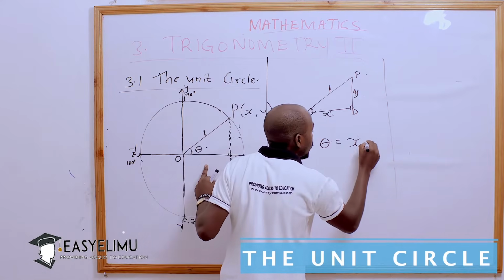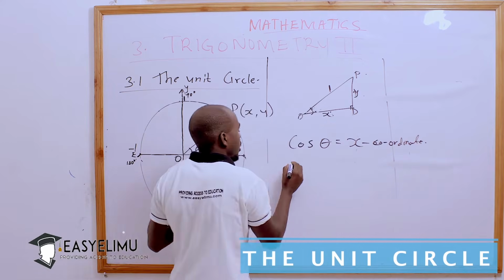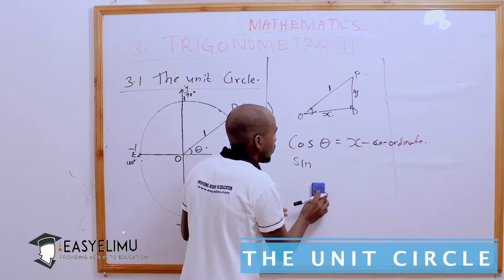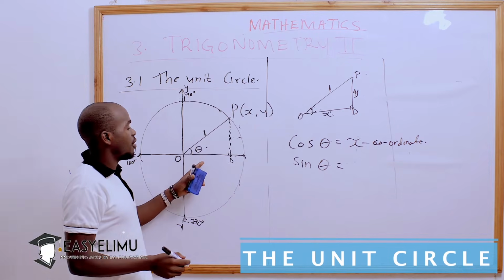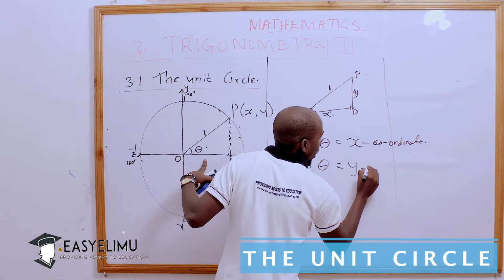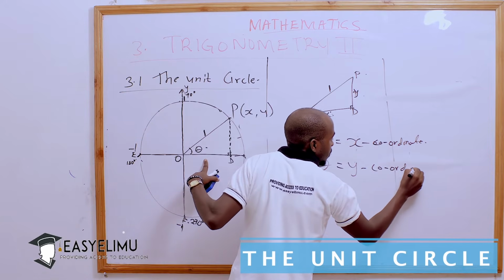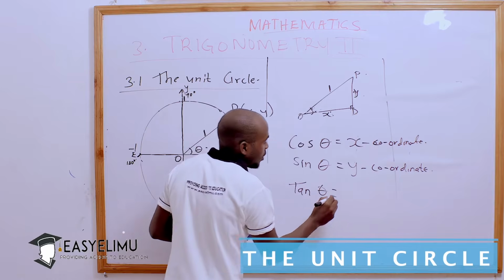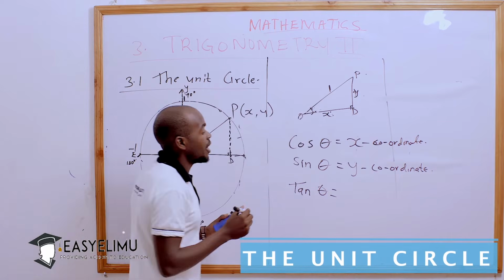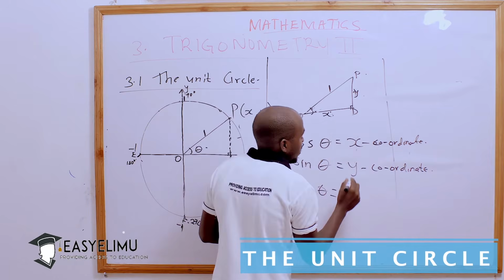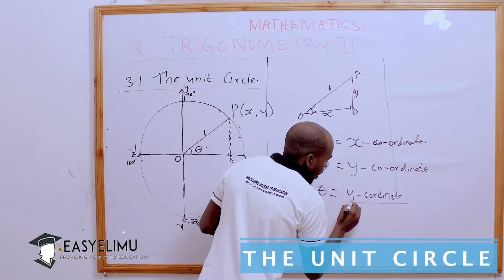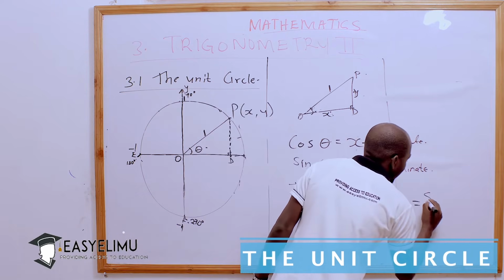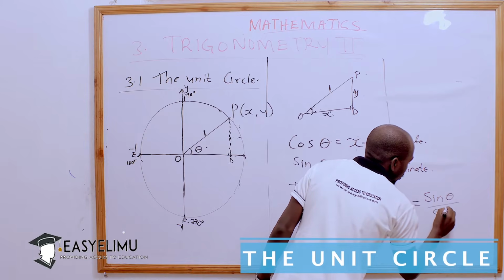And sine of theta is equivalent to the y coordinate. That is what we have seen from the previous. And if you want the tangent of that angle, tan theta, you will find that tan theta is equivalent to opposite over adjacent, which is the y coordinate over the x coordinate. And this y coordinate over x coordinate is the same as just writing sine theta over cos theta.